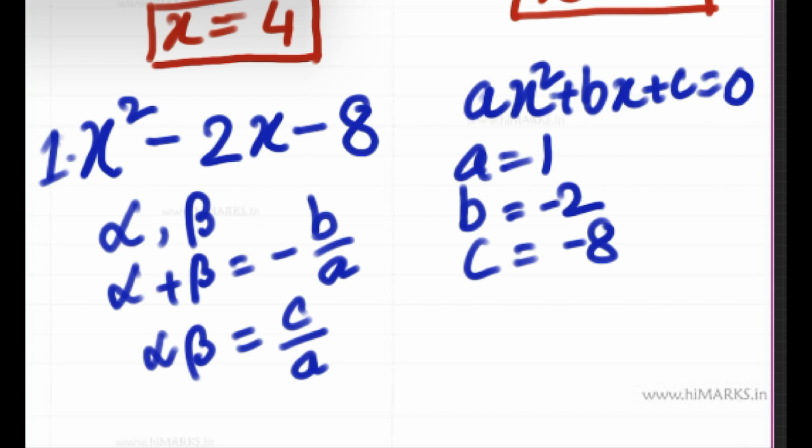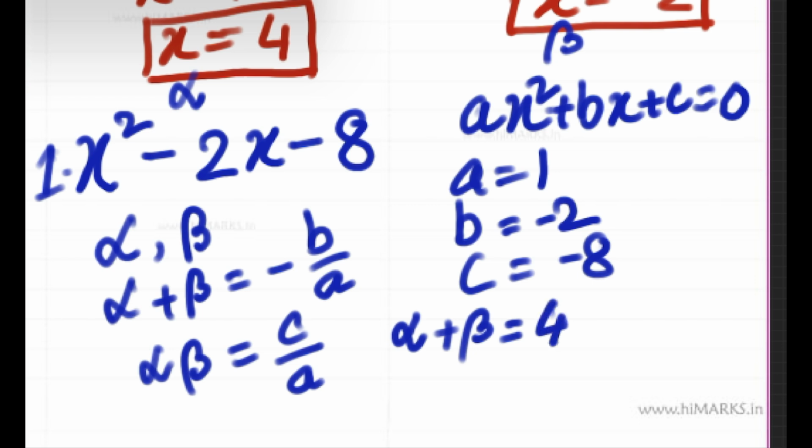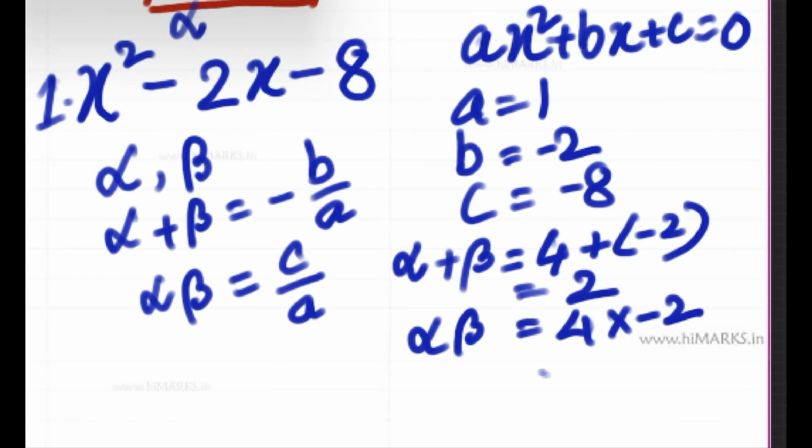So alpha plus beta is 4 plus minus 2, which is 2, and alpha into beta is 4 into minus 2, which equals minus 8.